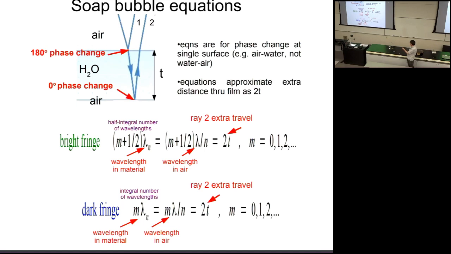So lambda subscript n is lambda over the refractive index. And that has to be this extra distance, which is twice the thickness of the soap bubble. And so these are the two equations. They parallel kind of the equations for the two slit interference pattern that tell you when you get brightly reflected light and where you don't get brightly reflected light, where you get bright and dark fringes.